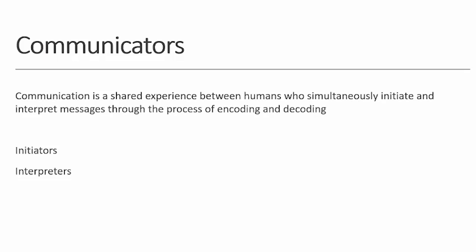Then you have a receiver also, the person you intended to send the message to. But in the contemporary model of communication, we name these people communicators, not senders or receivers. The reason is, in the communication process, we simultaneously initiate and interpret messages, right? That means at the same time we send and receive messages.